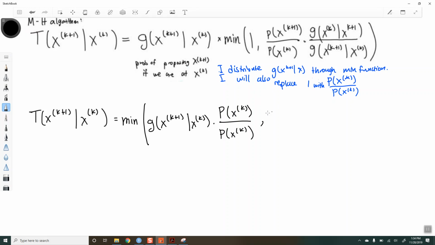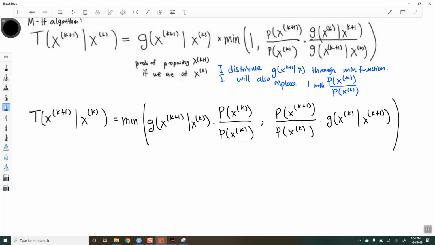And then over here, when I multiply by g of xk plus 1, this thing cancels out with this down here, right? And this will cancel out with this, and so now I have g of xk given xk plus 1.